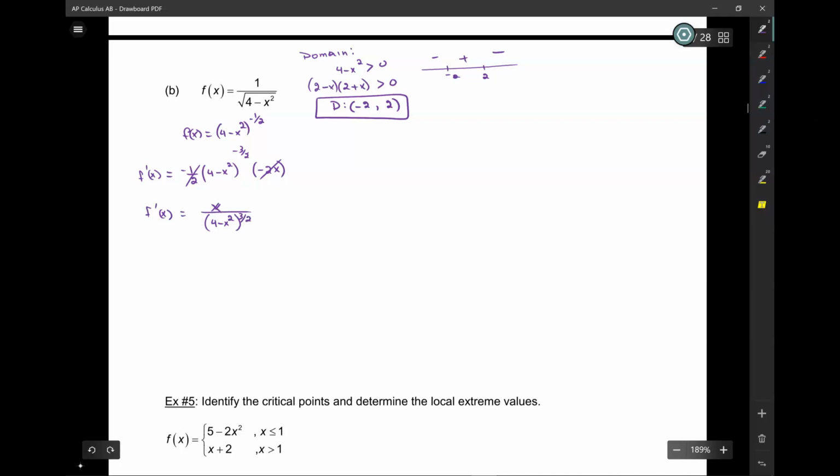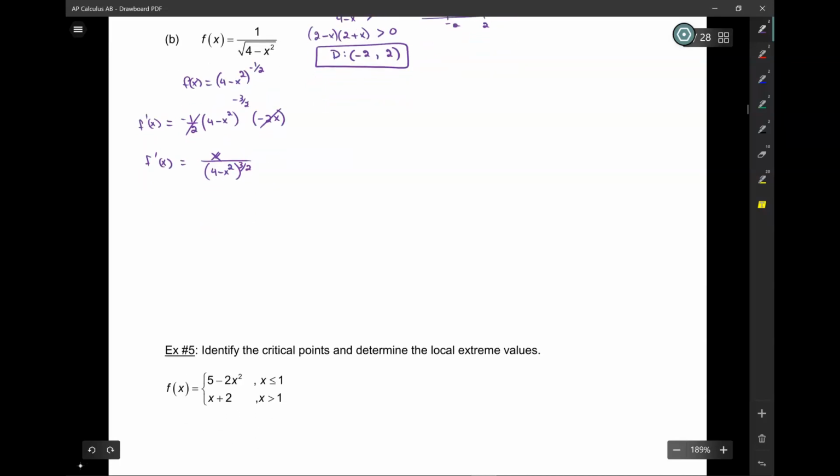Okay, now, this is like critical point heaven here, because where are my critical points? First of all, where is f prime of x equal to 0? I really have to stress this part.